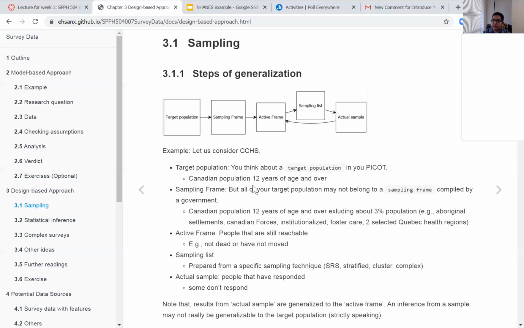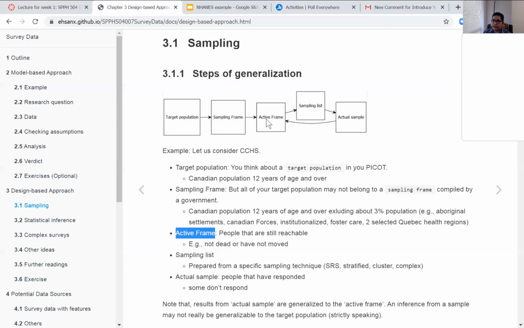And then even if you have a complete sampling frame of people, after excluding people by some of these specific criteria, there might be some people who have already died, so they might not be reachable anymore, or they might have moved to another province or things like that. So within a province, that person is probably not reachable anymore.